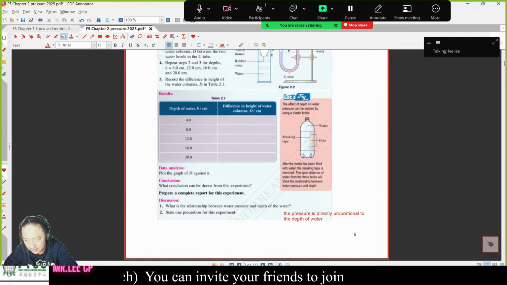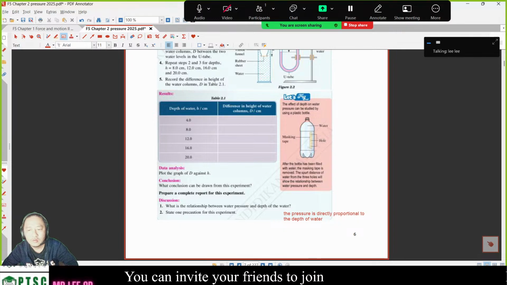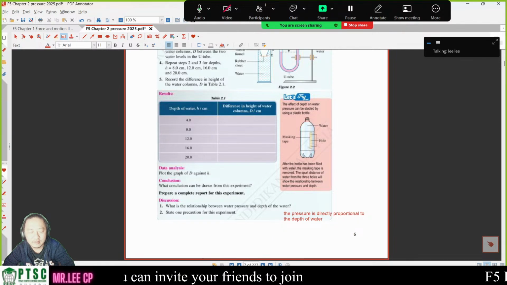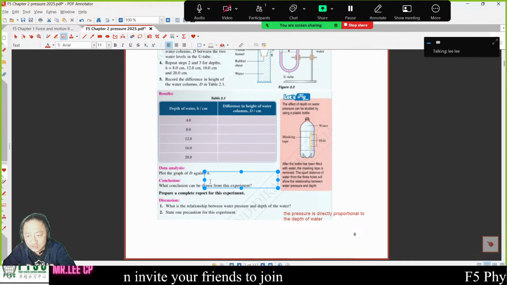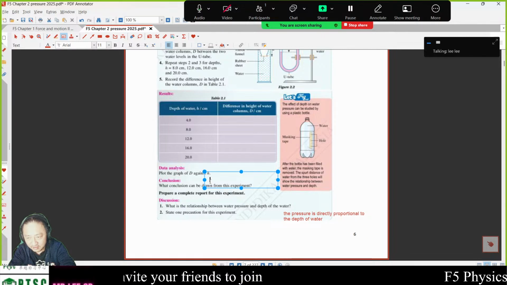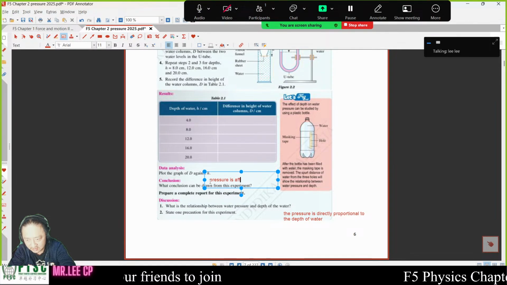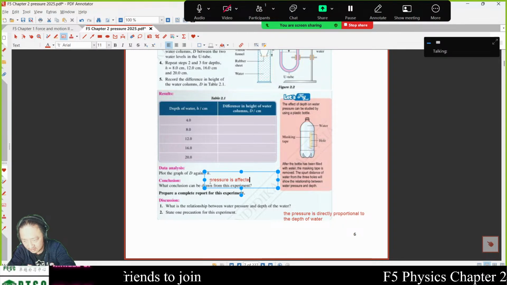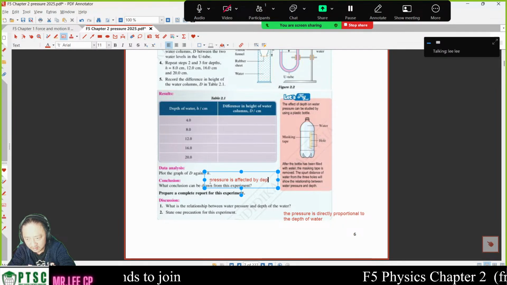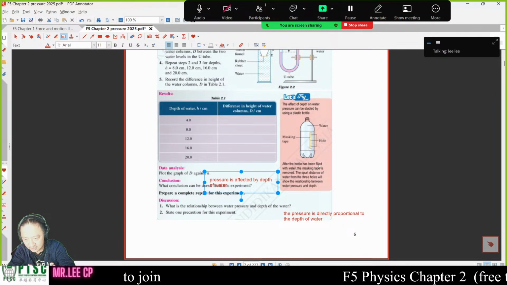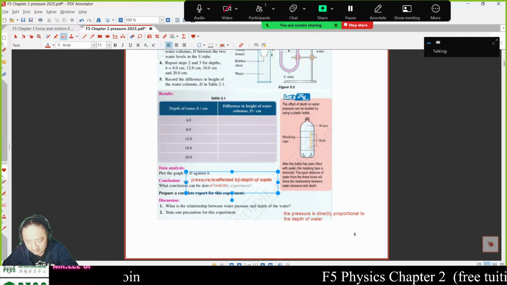Okay, now what conclusion can be made from this experiment? You just say pressure is affected by depth of water. That's all.